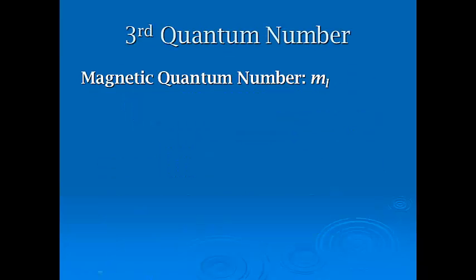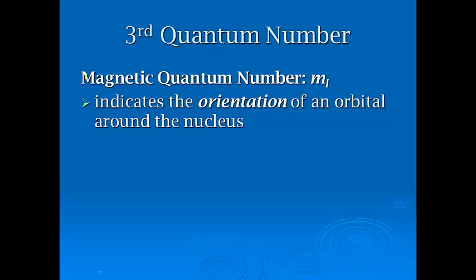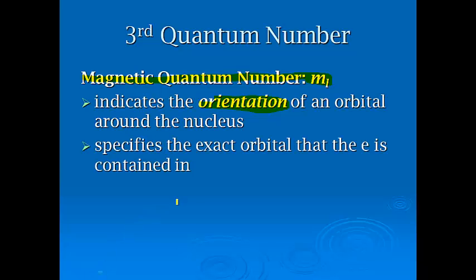Now the third quantum number, we just have to know what it tells us. It tells us the orientation of an orbital around the nucleus. So in other words, for example, in a set of p orbitals, are we talking about the x, the y, or the z one? Again, we're not going to have to know much about it other than what it tells us. So it tells us this exact orbital.